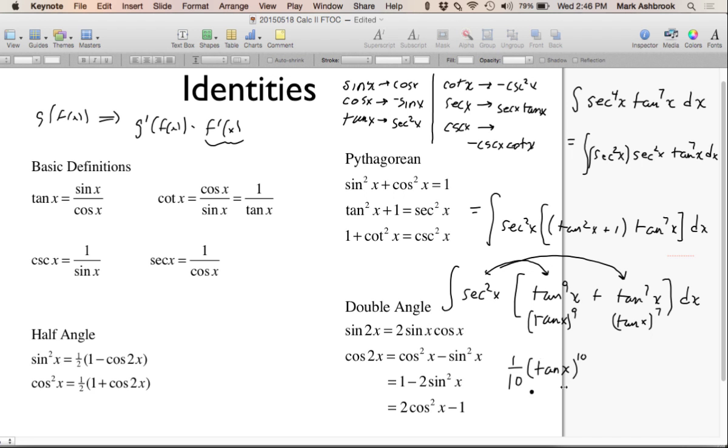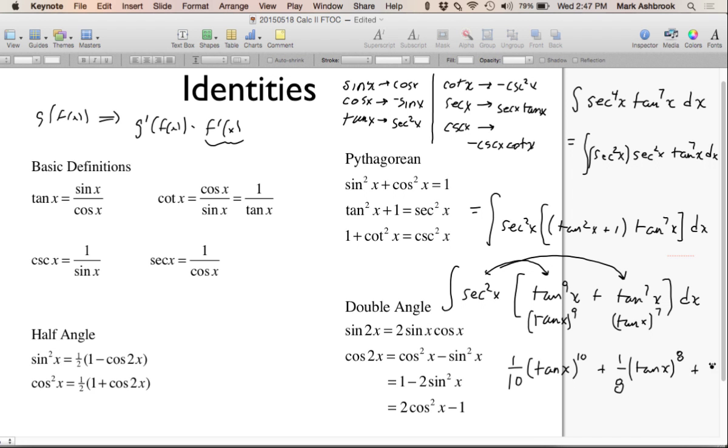And what's the derivative of that? That's tangent x to the 9th times secant squared. Similarly, with secant squared times tangent x to the 7th, the antiderivative will be tangent x to the 8th and 1/8.